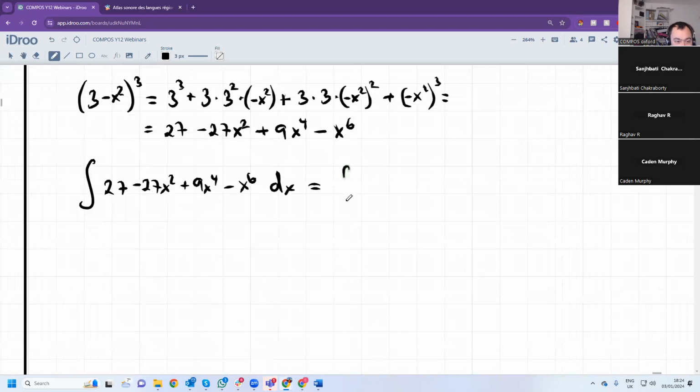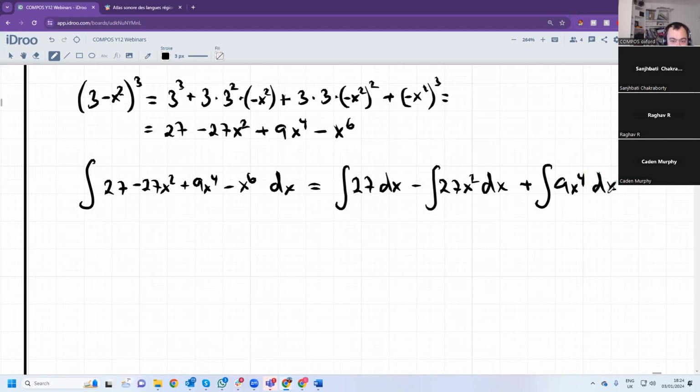It's the integral of 27 dx minus the integral of 27x squared dx plus the integral of 9x to the power 4 dx minus the integral of x^6 dx.